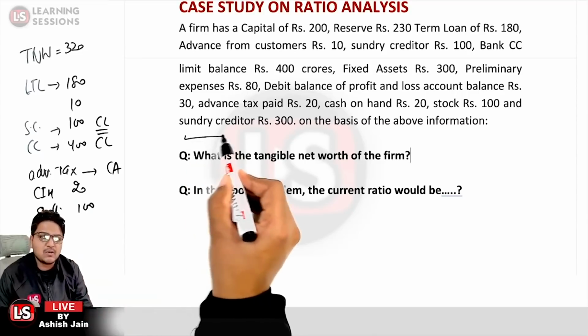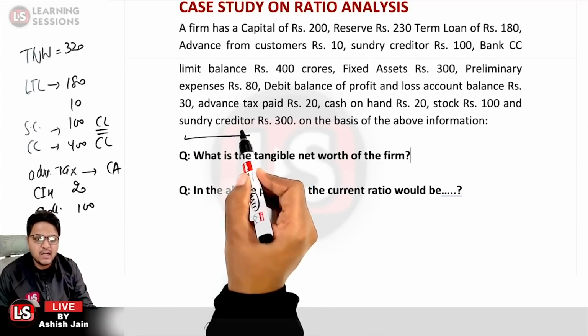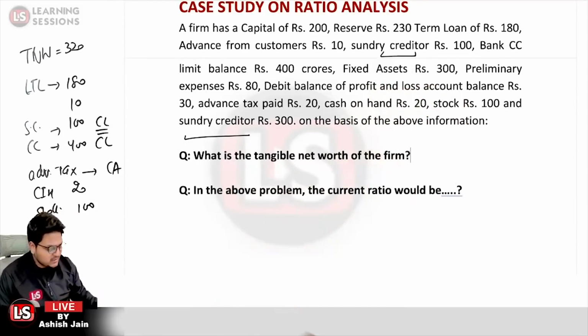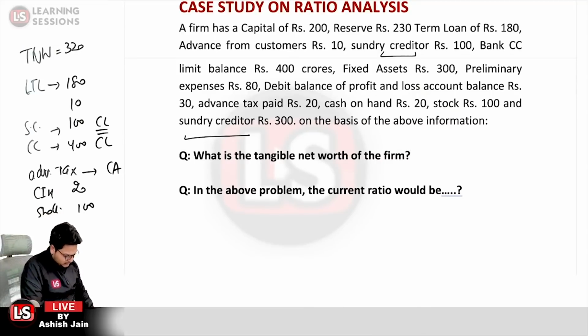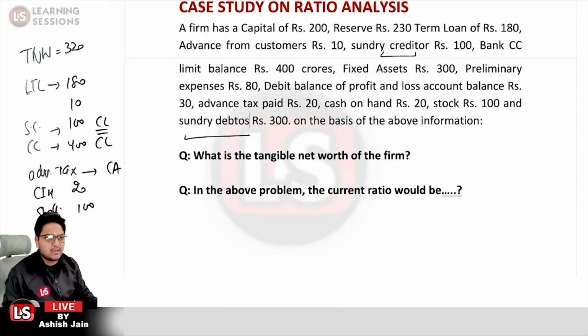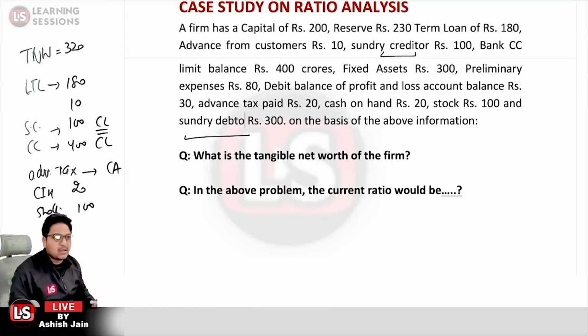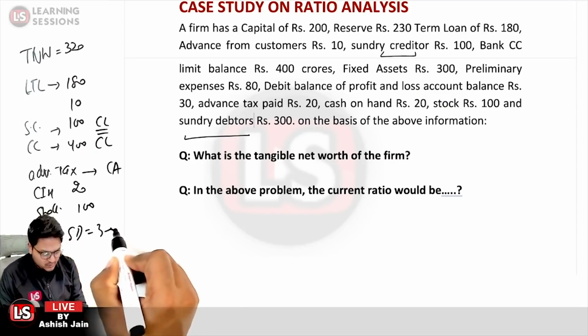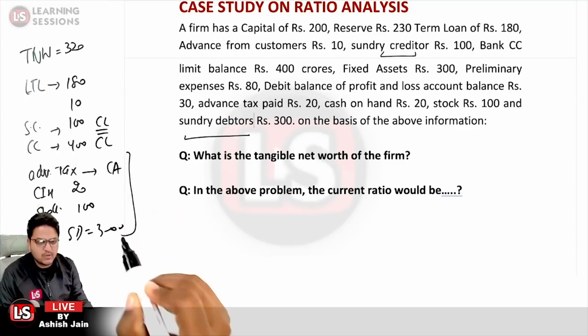It is further given here as sundry creditor, but it must be sundry debtor, because the sundry creditor amount is already given. So I'm rectifying the question here, it must be sundry debtor. Sundry debtors are also current assets, and these are 300 crores. So these are the different components related to current assets.